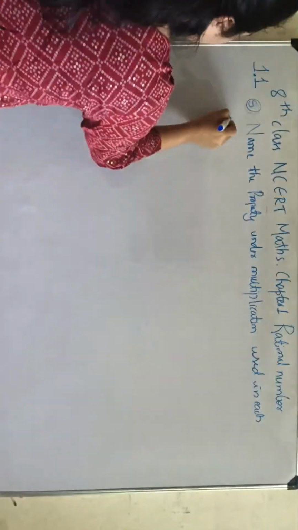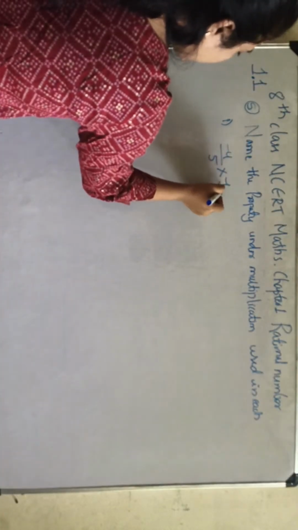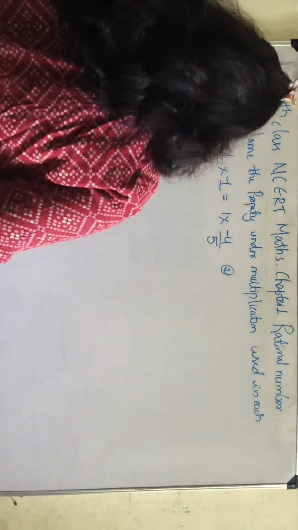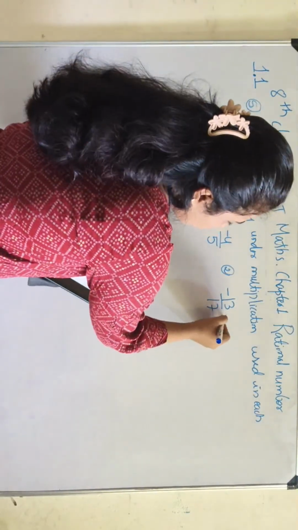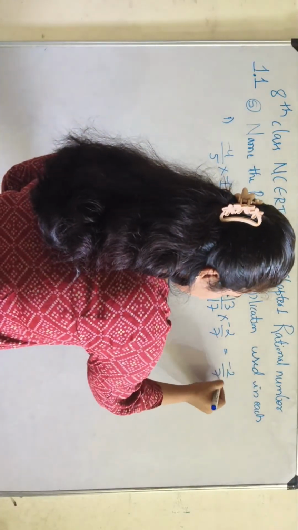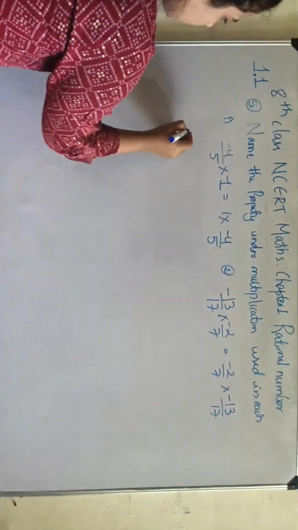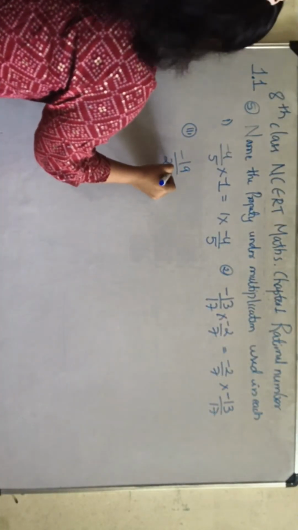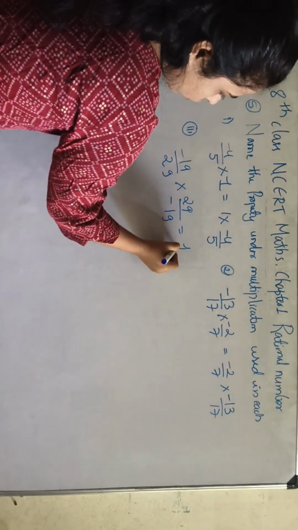The first is, minus 4 by 5 into 1 is equal to 1 into minus 4 by 5. The second is, minus 13 by 17 into minus 2 by 7 is equal to minus 2 by 7 into minus 13 by 17. And the third is minus 19 by 29 into 29 by minus 19 is equal to 1.